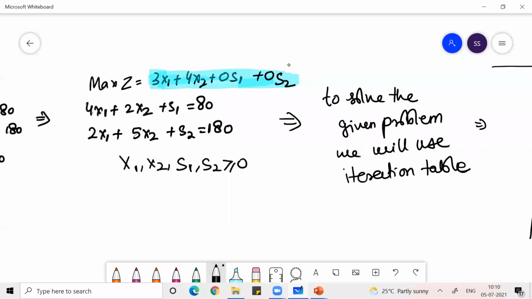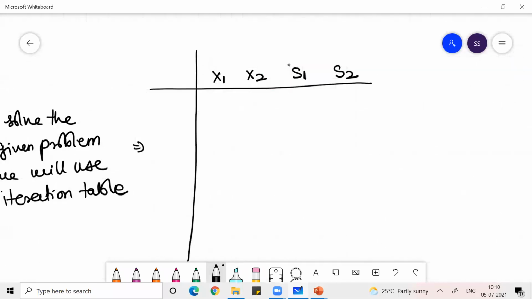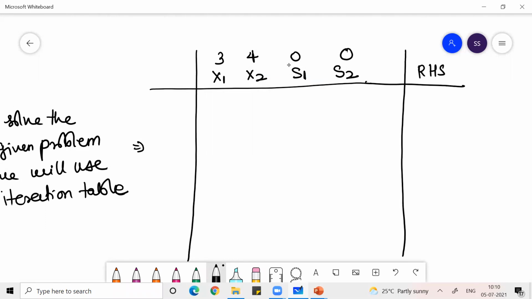So write down the decision variables and slack variables, and write their coefficients at the top. Then you can write RHS, and then you can write the theta value.